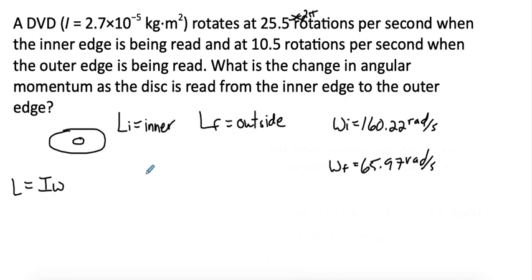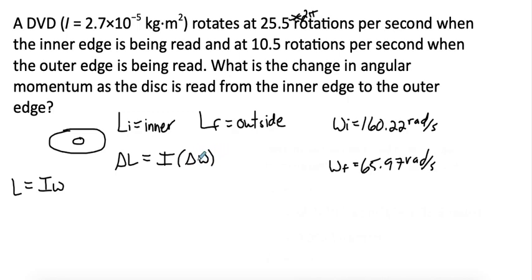Okay, so what we're looking for here is just our change in momentum. So that would be change in angular momentum. And if we remember from our last scenario, or from our equations, that could also be written as moment of inertia times change in angular velocity.